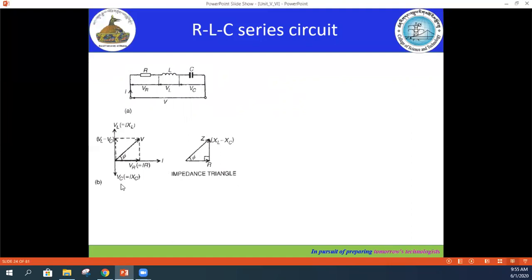From this, we can derive the impedance triangle or the voltage triangle like this. Here, the voltage triangle is given in this diagram itself.